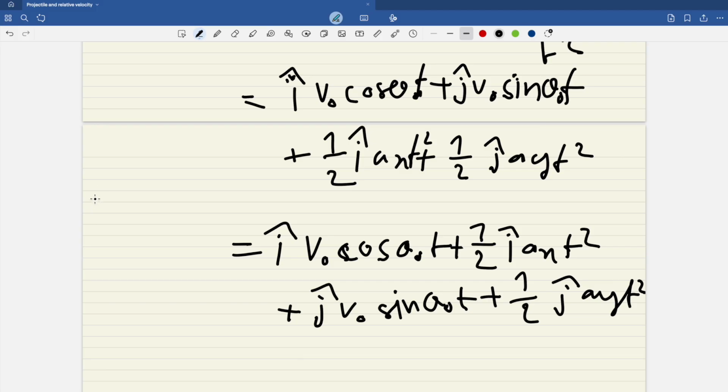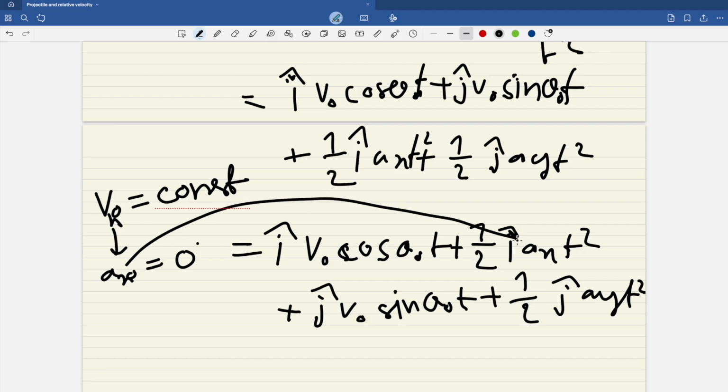Now, as I mentioned earlier, v naught at x is constant every time. Differentiating it, it will turn into a naught equals 0 for x. So the ax here is 0.